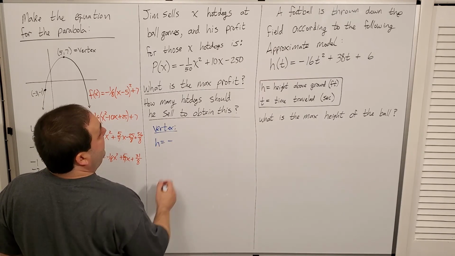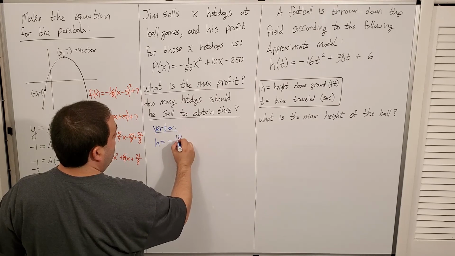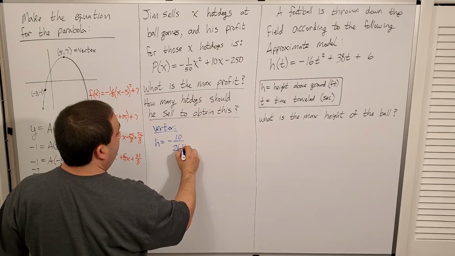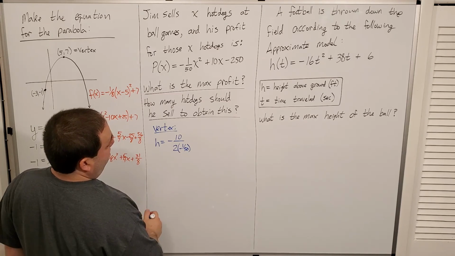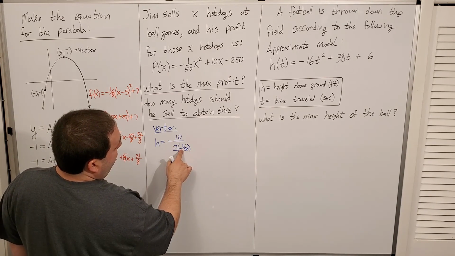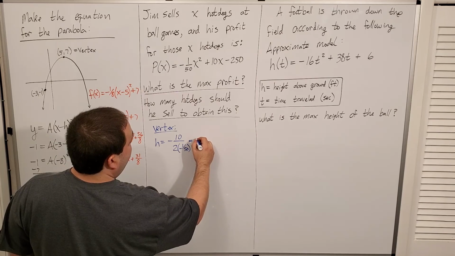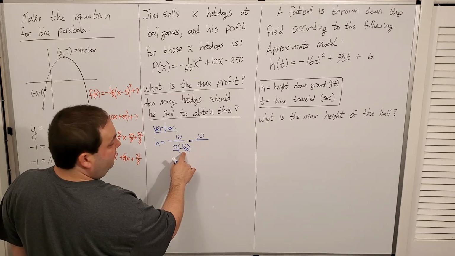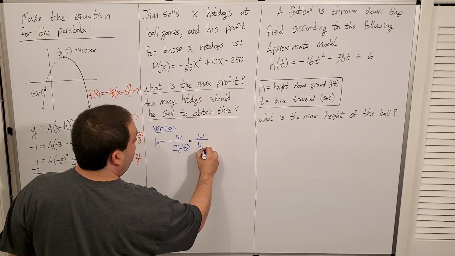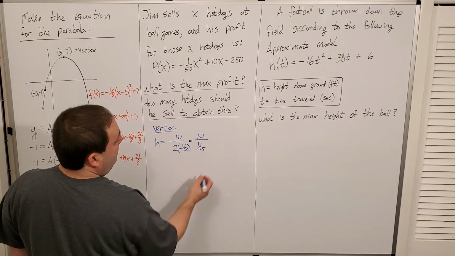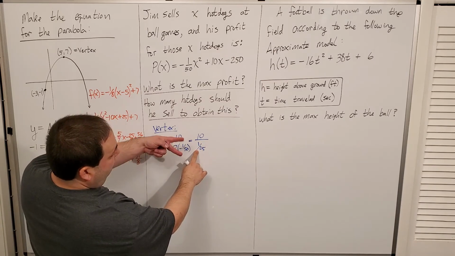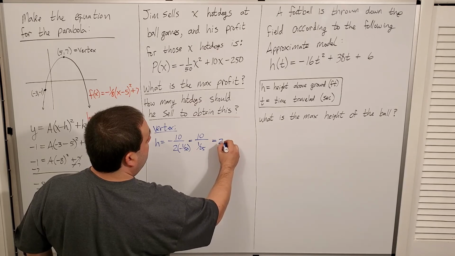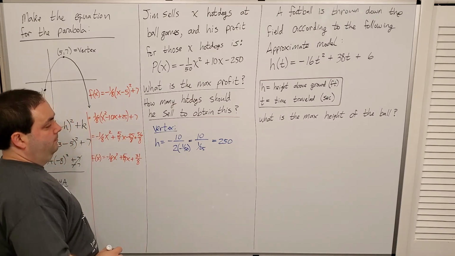Vertex h is negative b over 2a. So that'd be 10 over 2 times negative 1/50th here. The negatives are going to go away, and I have 10 over 2 times 1 over 50, which is 1 over 25. And of course, to divide a fraction, I would flip, which would give me 10 times 25, or 250.